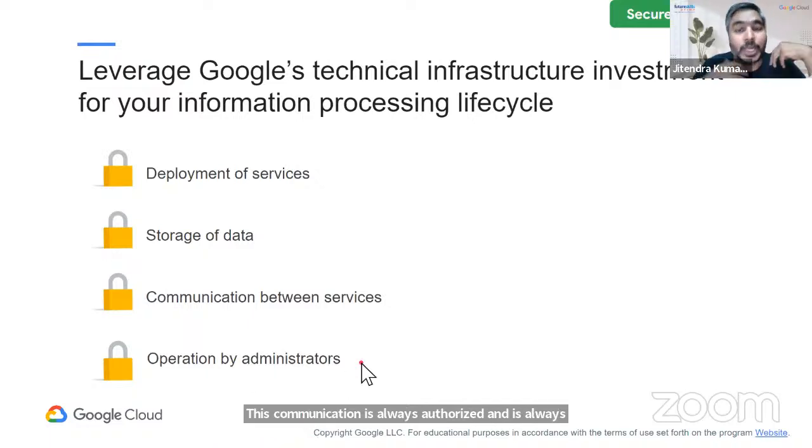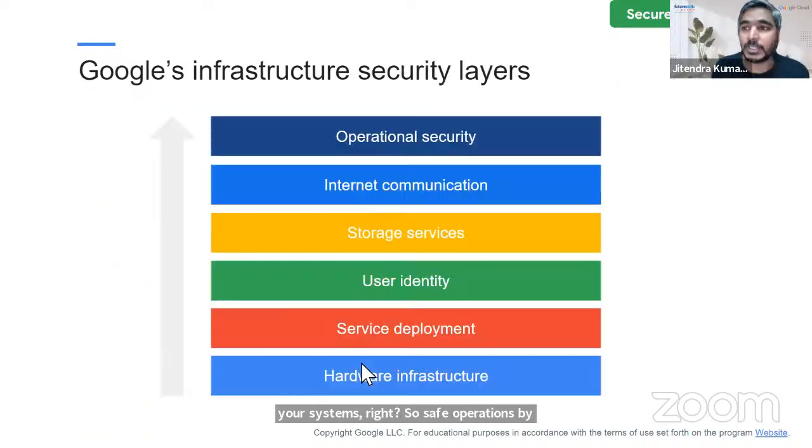How do you ensure that your internal employees, the administrators, are allowed only to operate safely? It means any inadvertent mistakes should not ruin your systems, right? So safe operations by administrators. For all of these situations, Google gives us certain capabilities.